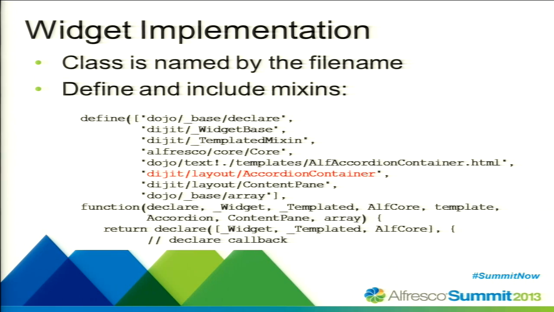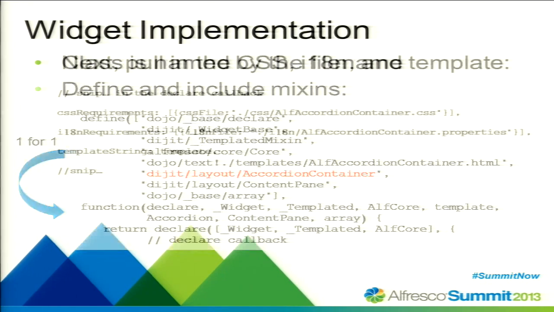I've got the accordion container from Dijit, the content pane from Dijit, and then array is just another class that's sort of a utility class that I use. So the important thing here when you define one of these is to make sure that the function declaration has the same number of parameters as things that you've defined in the array, and that's just the pattern that they use.